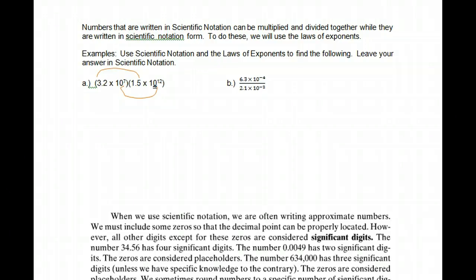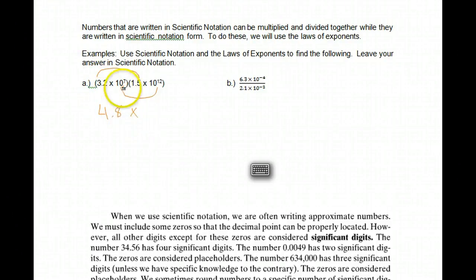So 3.2 times 1.5. We need to go ahead and take care of that math. So please do that math for me. Okay, you should have gotten 4.8.